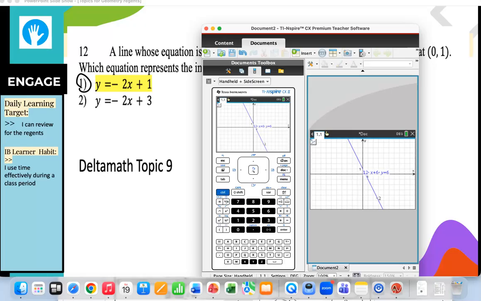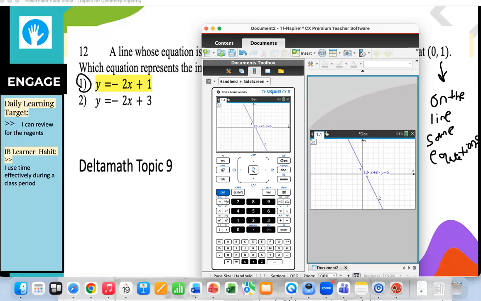Since it's on the line, and please write this down, on the line means same equations. If it's a dilation, the equations have to be the same if the center of dilation is on the line. If the center of dilation is on the line, the equations are going to be exactly the same.